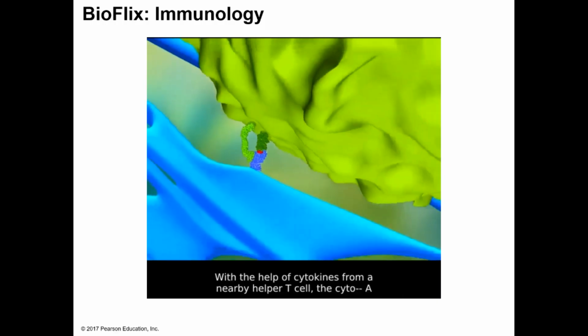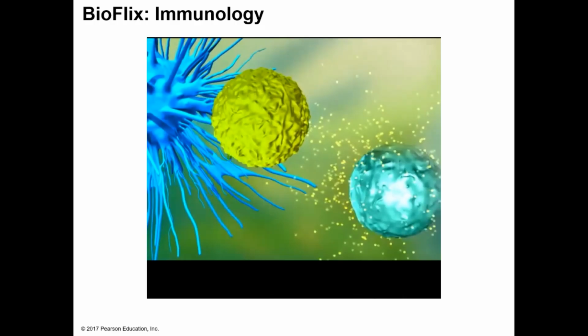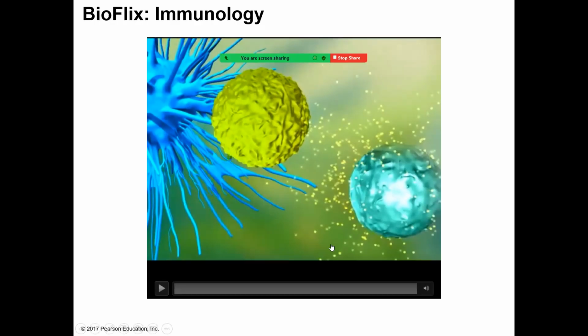With the help of cytokines from a nearby helper T cell, the cytotoxic T cell gets activated, as we know, and that will go on and kill any cells that are infected.